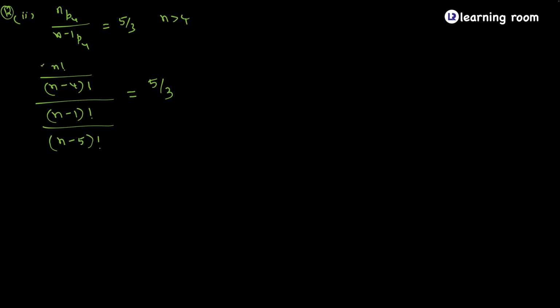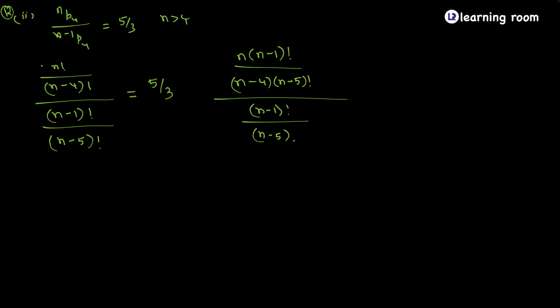A is greater, right? So I'll write that as n into n minus 1 factorial divided by, among n minus 4 factorial and n minus 5 factorial, which one is greater? n minus 4 is greater. So I'll write this as n minus 4 into n minus 5 factorial, the whole divided by n minus 1 factorial divided by n minus 5 factorial.